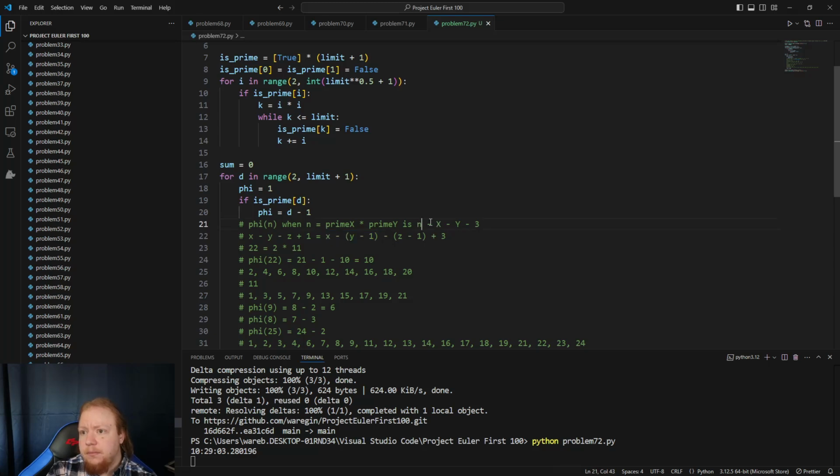So n minus 1 minus x minus 1 minus y minus 1 is actually equal to n minus x minus y minus 1 plus 1 plus 1.